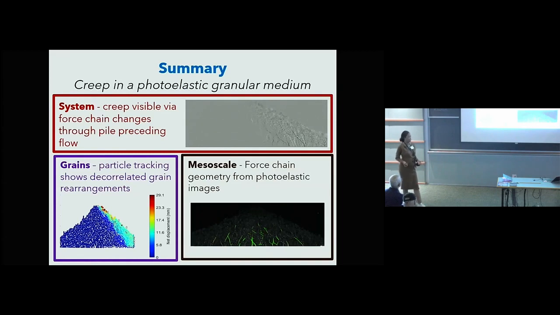Our goal is to learn more about the rigid to flow transition in granular systems, and we want to use this approach because it has the power of being able to give us information at all scales in our system, to take particle and force information and connect it to the bulk behavior. So we've been able to show that with some preliminary measurements at the grain scale, mesoscale, and the system scale.